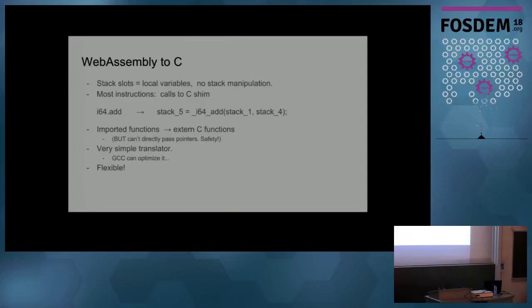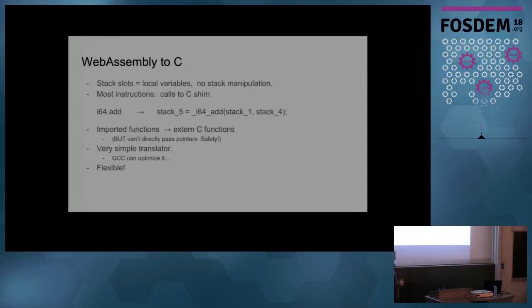But for most instructions, you just need to know how many stack slots they consume and how many they store, which is currently 0 or 1. So as you can see here, for example, the add instruction for the 64-bit integer gets translated to something like this. It just takes the variables corresponding to the stack slots and calls a function on them.